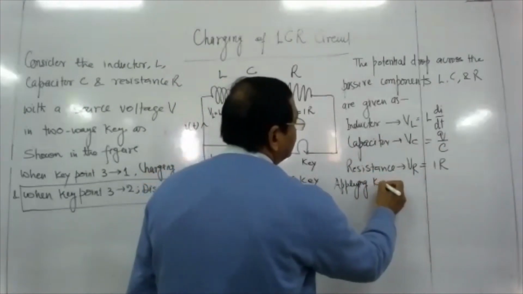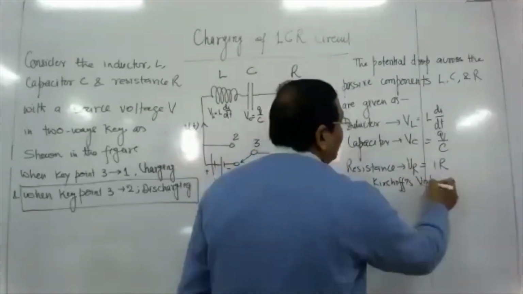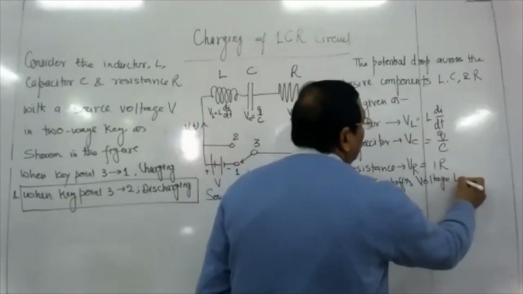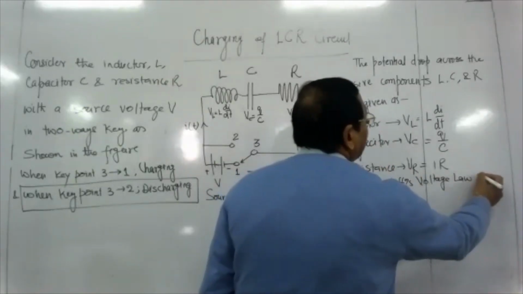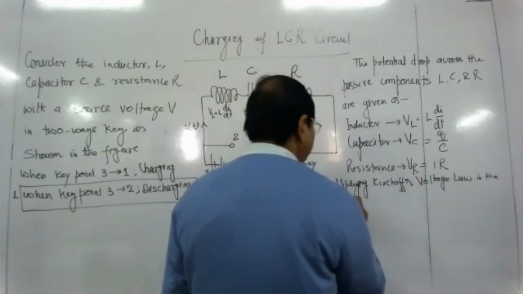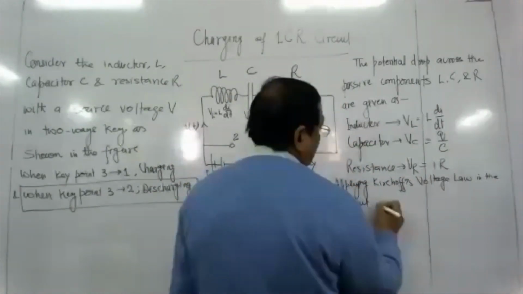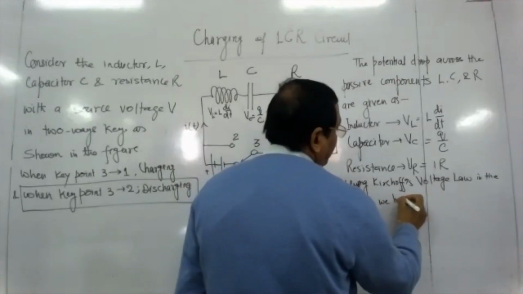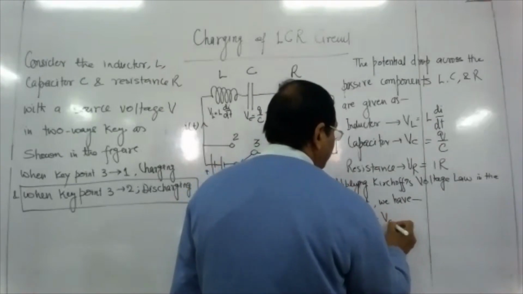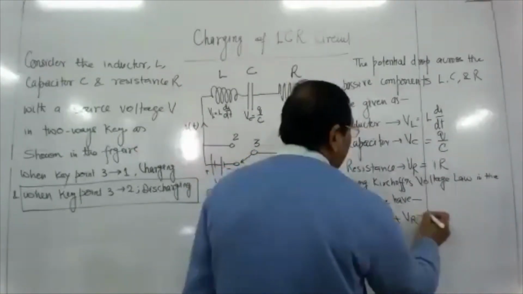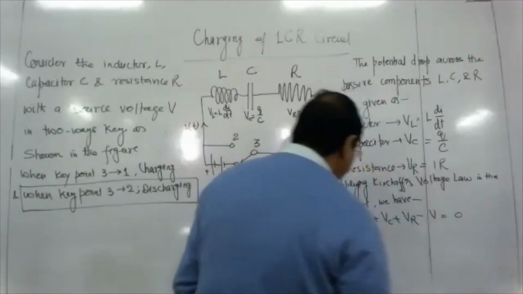Applying Kirchhoff's voltage law in the circuit, we have V_L plus V_C plus V_R minus V is equal to 0.